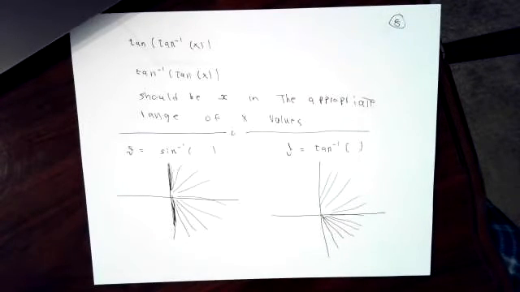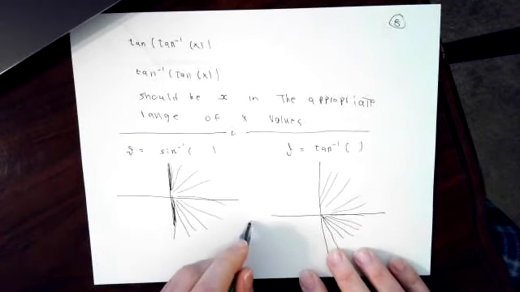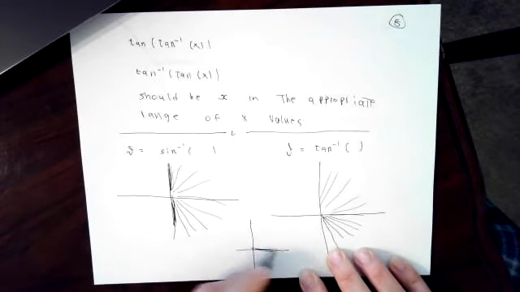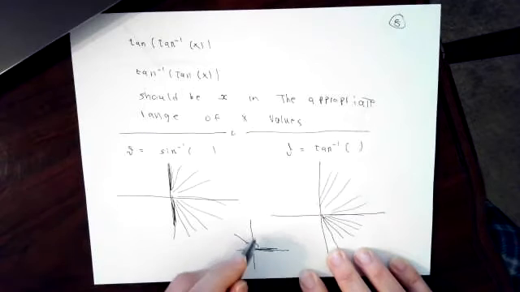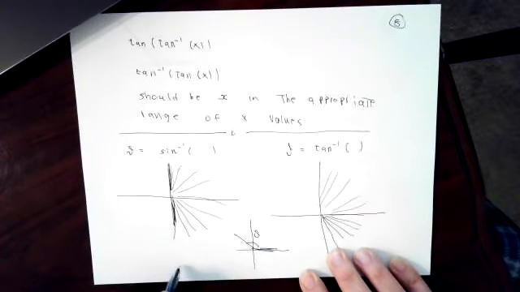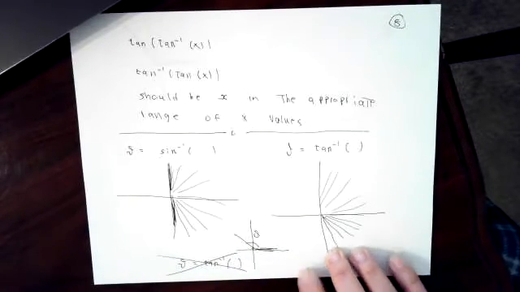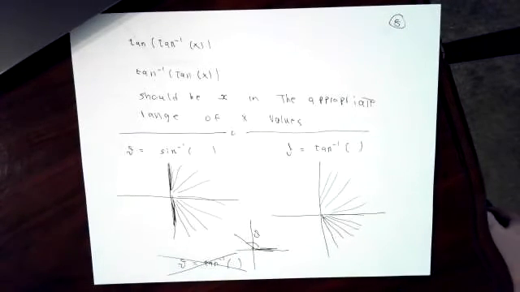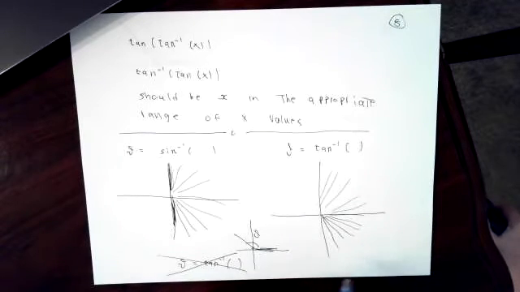But if somebody walked up to you and said, you've got this angle theta, and they started to say that theta is the inverse tan of something, that's wrong. It's automatically wrong. Inverse tangent can only give you back these angles.